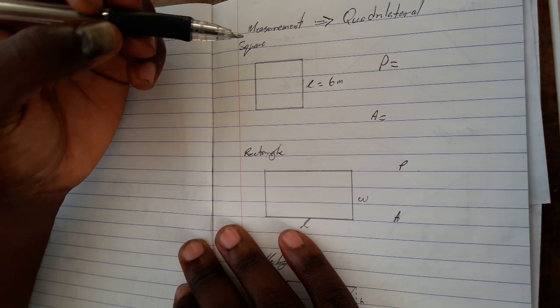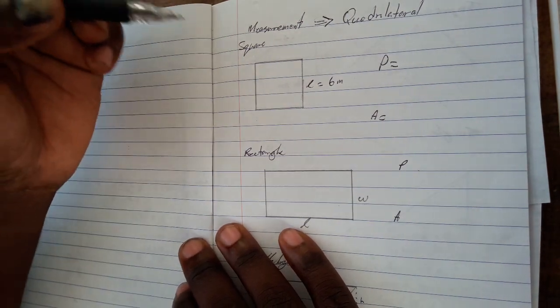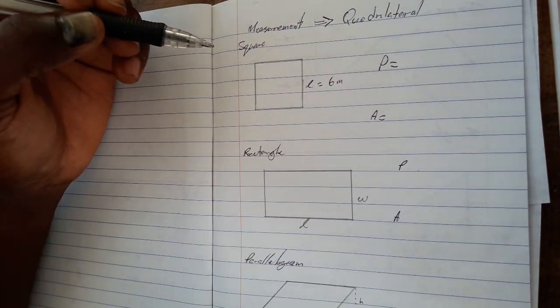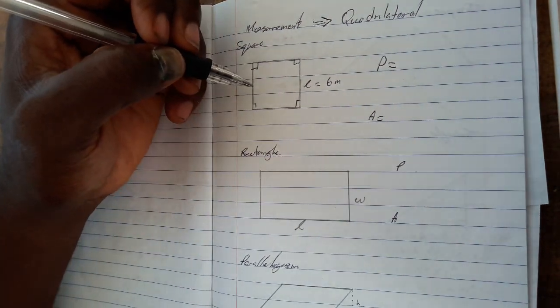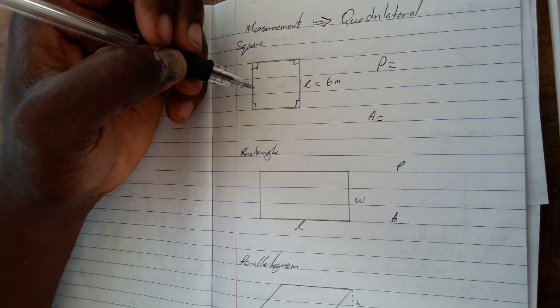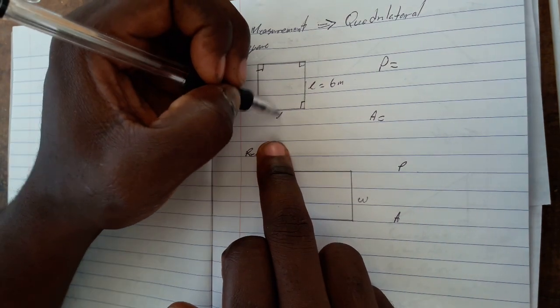Alright, good. So first case we look at a square. Everybody knows what a square is. All four corners are right angles, and all the sides are equal in length.